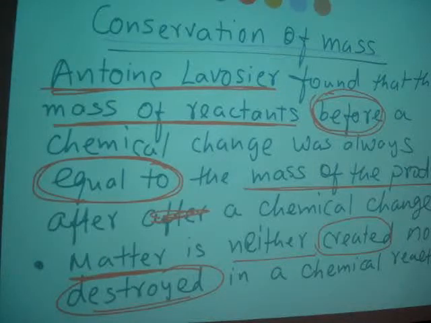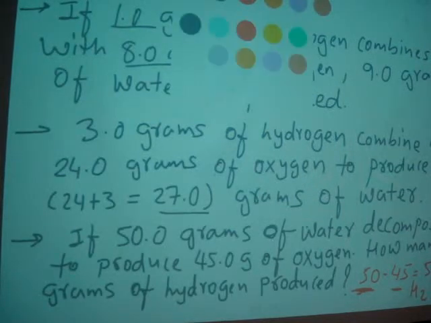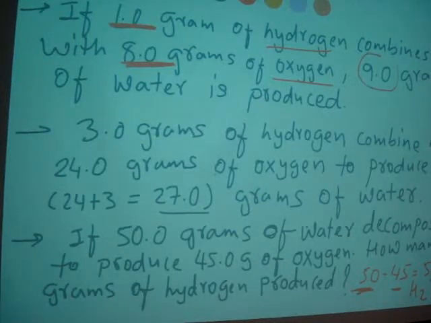Now if we have 1.0 gram of hydrogen that combines with 8.0 grams of oxygen, that means 8 plus 1 you get 9 grams, right?